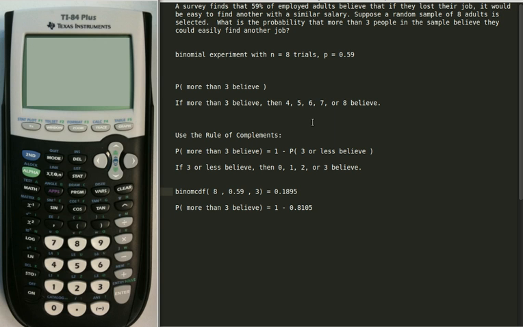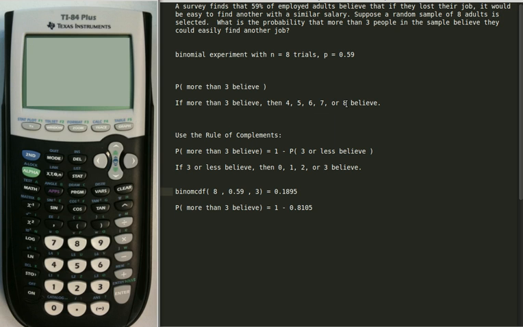Okay, so unfortunately, the calculator is not very good at calculating probabilities like that. We are going to use the binomial CDF command, and what that command is really good at is adding up probabilities from 0 up to a certain point. That's not what we have here. We have from a certain point on.